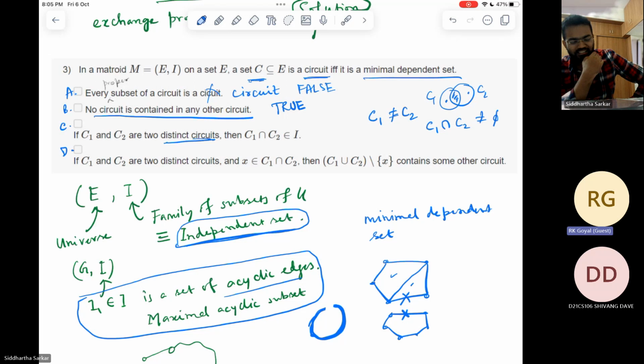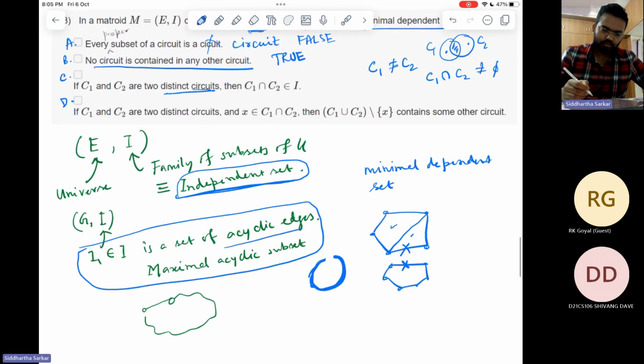Then if I take the intersection, something may be common between C1 and C2. Let us say C1 and C2 were totally disjoint, so C1 intersection C2 was in fact phi.